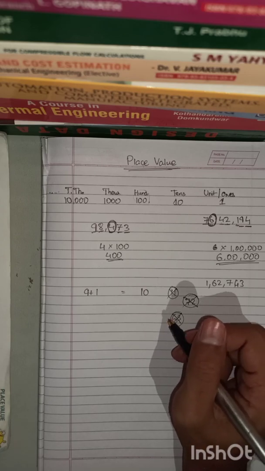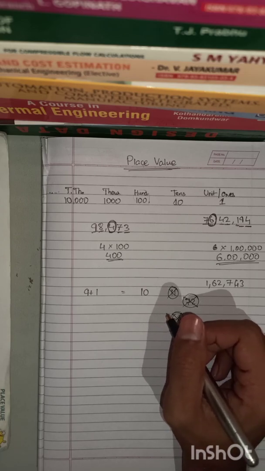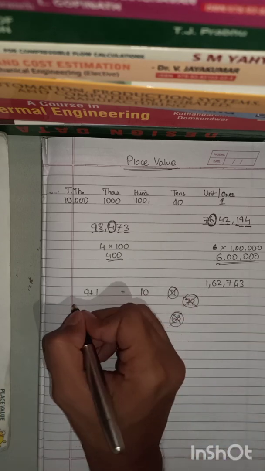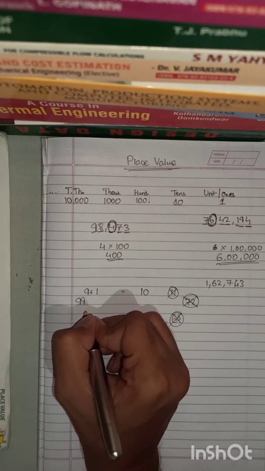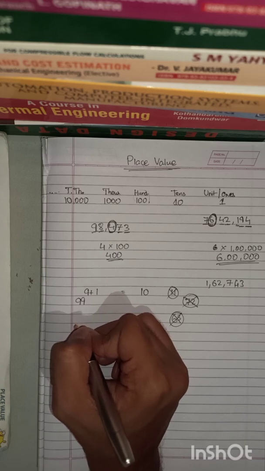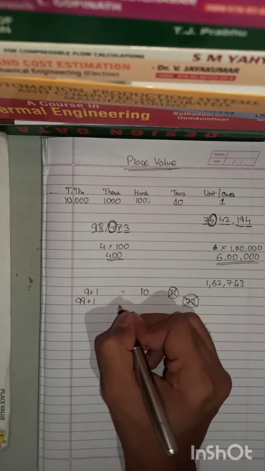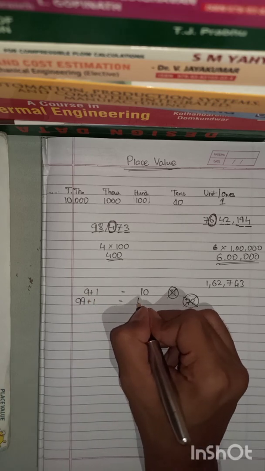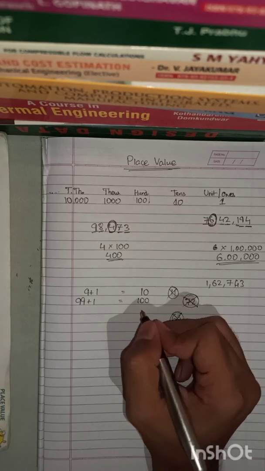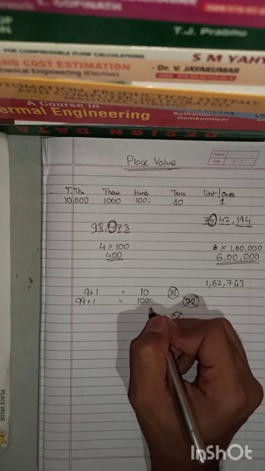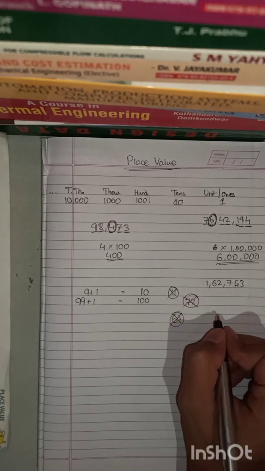Moving on. Now, what would be the biggest 2-digit number? 99. In 99, if I add the smallest 1-digit number, it gives us 100. Now this 100 is the smallest 3-digit number. How?